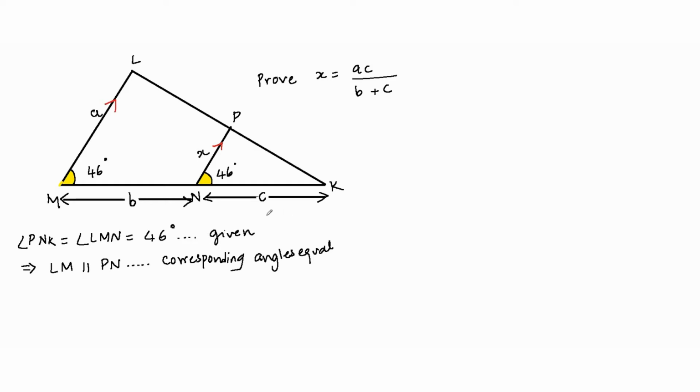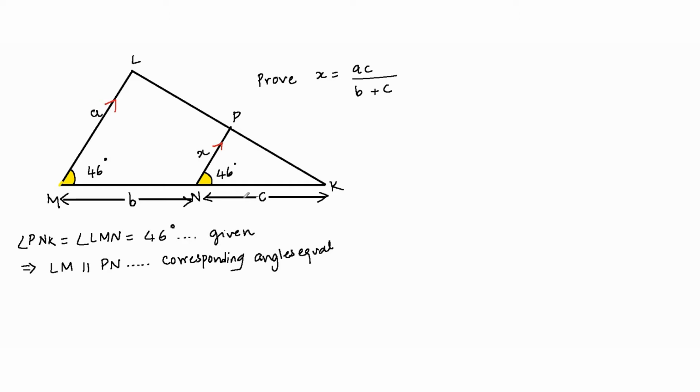And now because these two lines are parallel to each other, I can definitely think of similarity. The reason why I am picking similarity for this particular proof is X and A form the sides of two different triangles, and here I have C as the side of triangle PNK, and B plus C will be the entire length of MK.